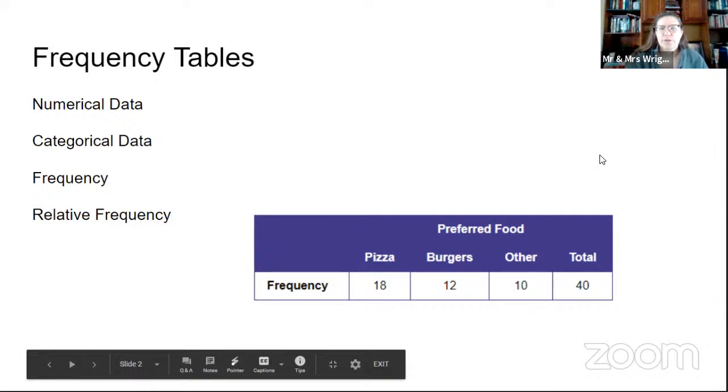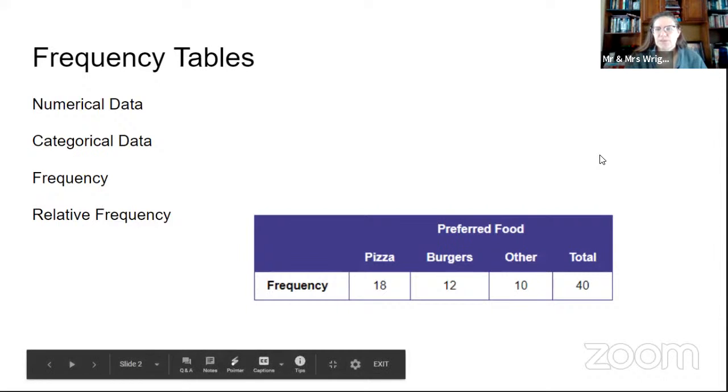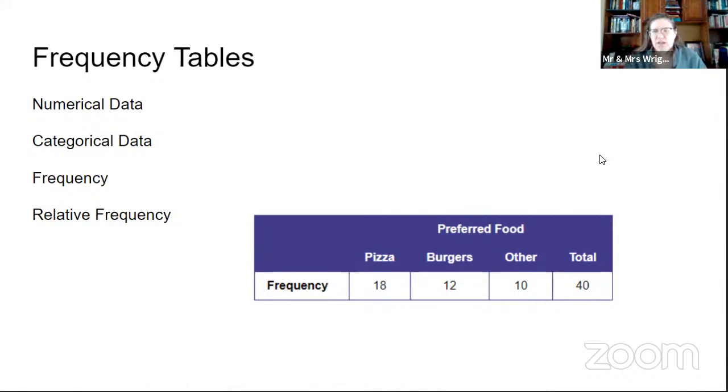The frequency of people who said pizza was 18. 12 of these people said burgers, and 10 said something else. We don't know. Maybe they said French fries. Who knows? But there wasn't enough information to give it its own category, so we lumped it all together in other, because we're really only concerned with pizza and burgers. Which one's more popular, pizza or burgers? Okay. Now, this is a frequency table.